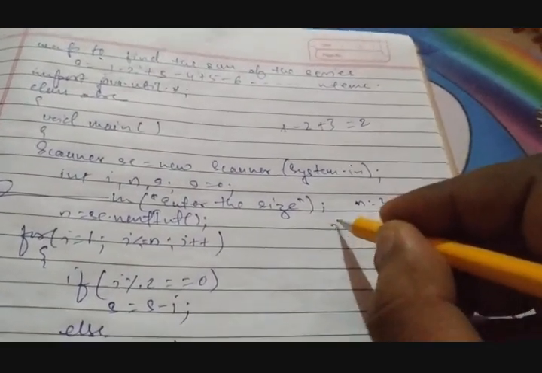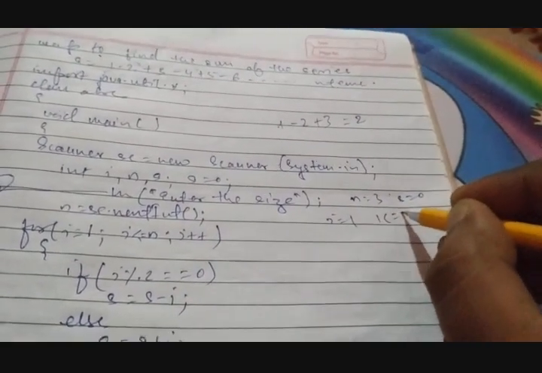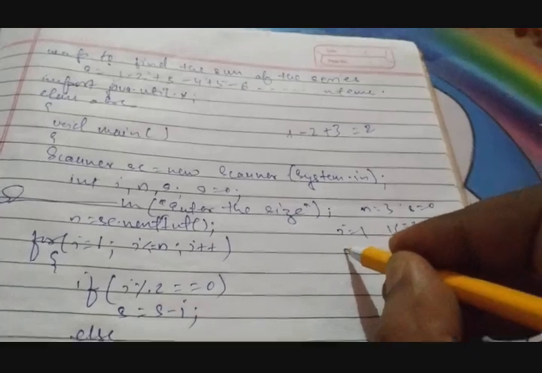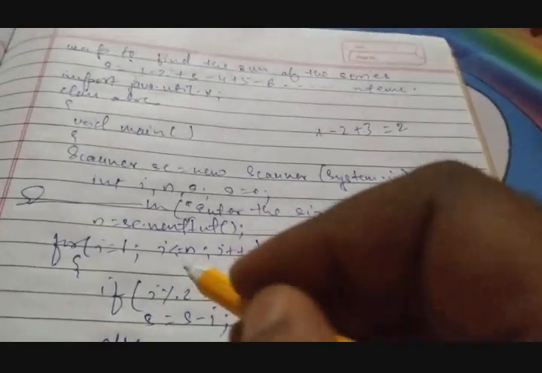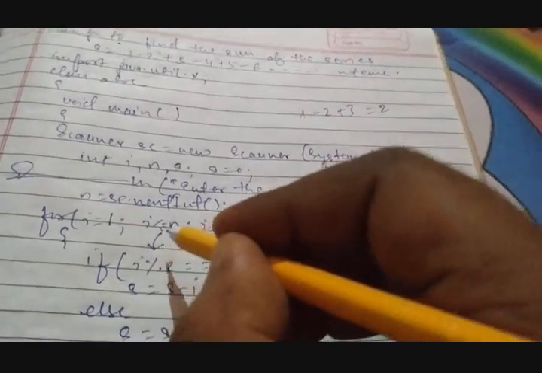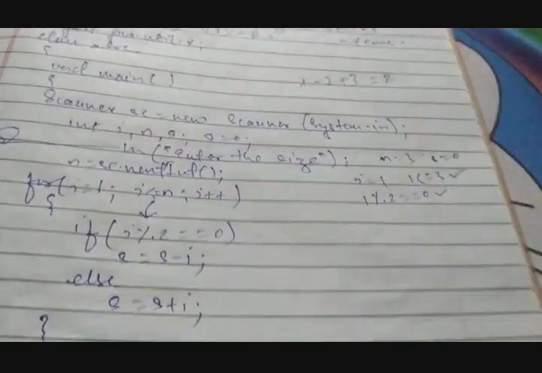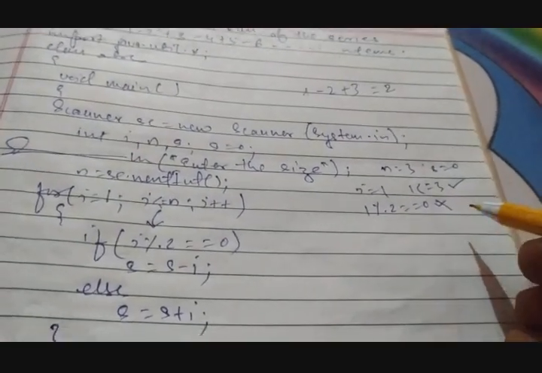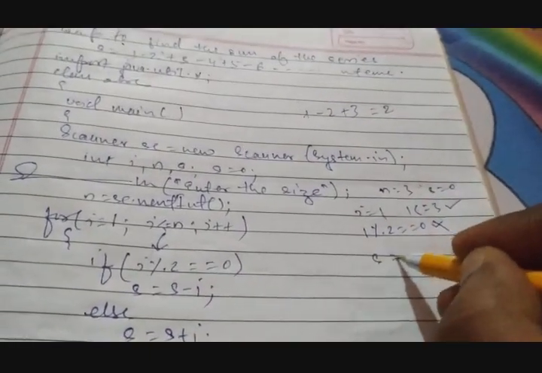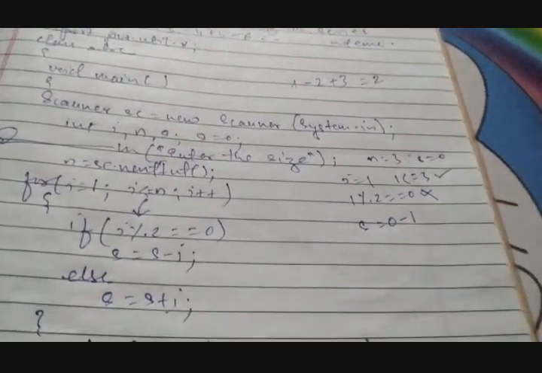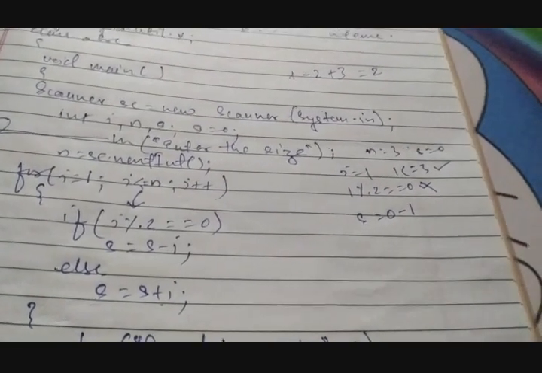Now for i equals to 1, 1 is less than equals to 3, true. Now 1 mod 2 equals to 0? It enters the loop, the condition is checked, and it becomes false. So it goes to else. So s equals to 0 minus 1.